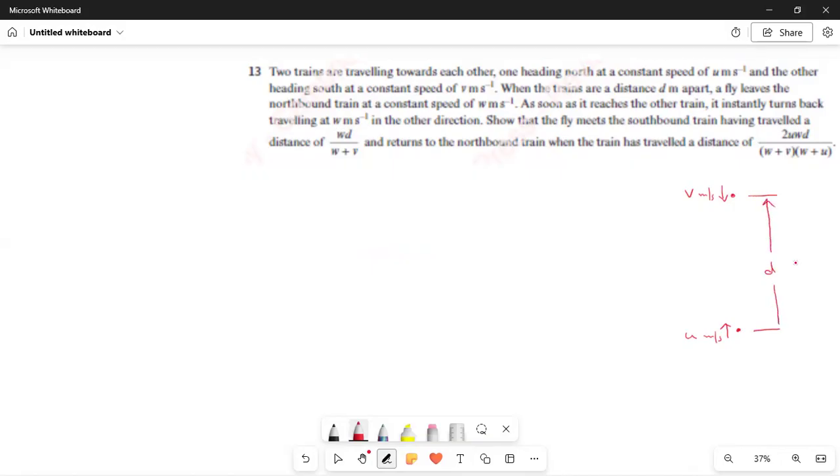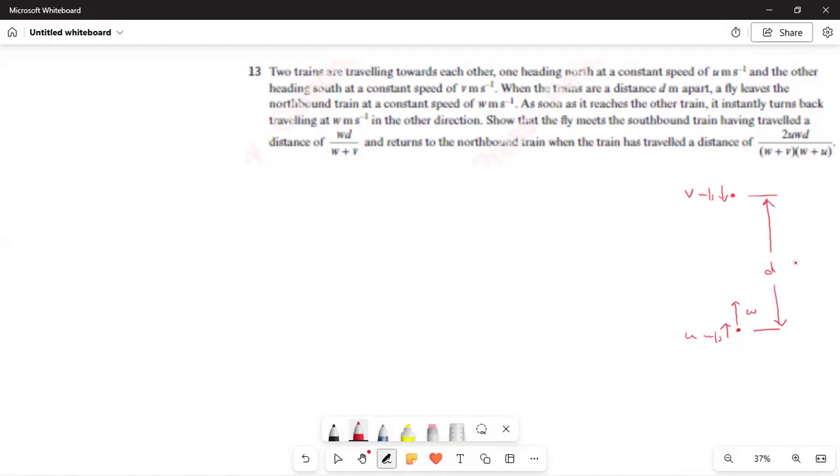At that moment, a fly leaves this train and it's flying with the speed of w meters per second. The question is, after how long or how much distance it will travel to meet this other train which is coming to the south. This is the northbound train, this is the southbound train, right?